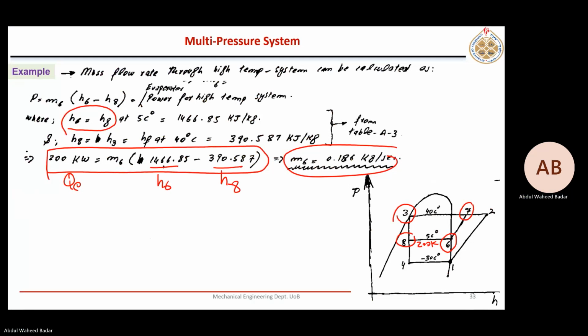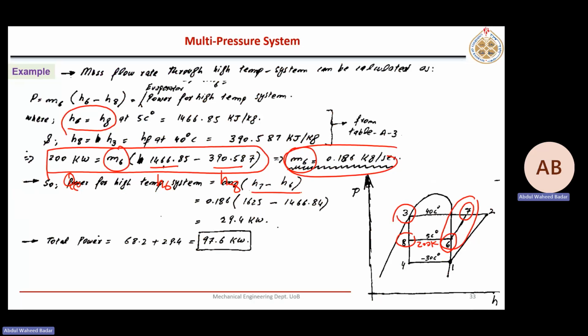So from here, m dot 6 will be used to calculate compressor power, which is m dot 6 into H7 minus H6, 29.4. Now for total power, just add this compressor power and this compressor power. This comes out to be 97.6 kilowatts.